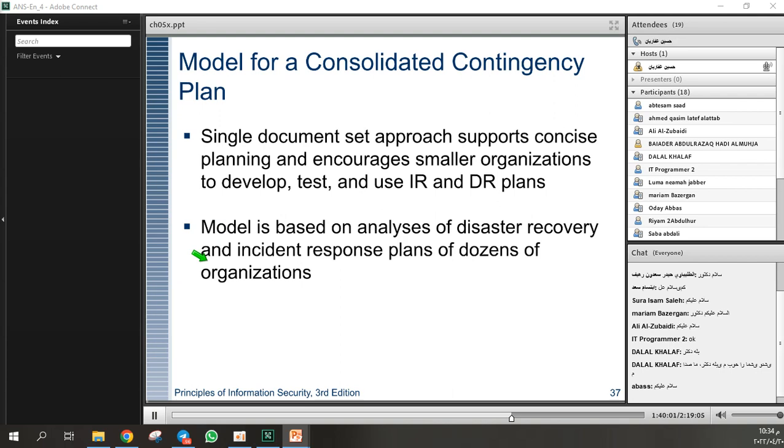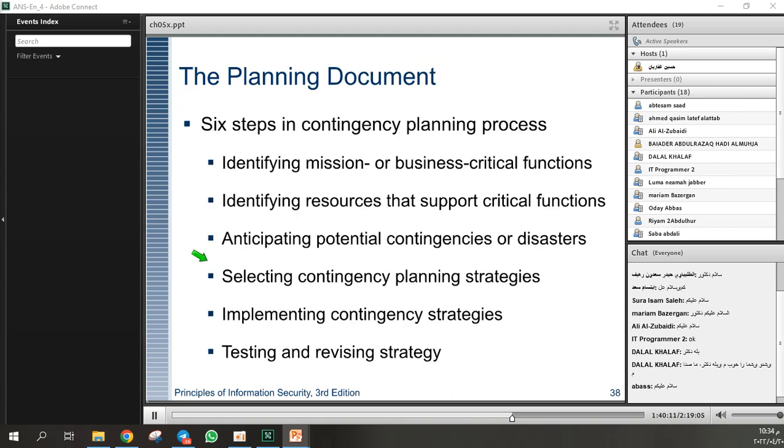If we use a single document set for IRP, DRP, and BCP, this strategy can only be used for a smaller organization, as we need a development test engine, something like that. But for a bigger organization, we need different documents for each of those plans. For this case, we can use the model that has been used by other organizations in this area.